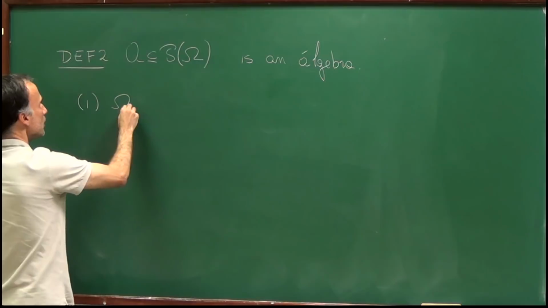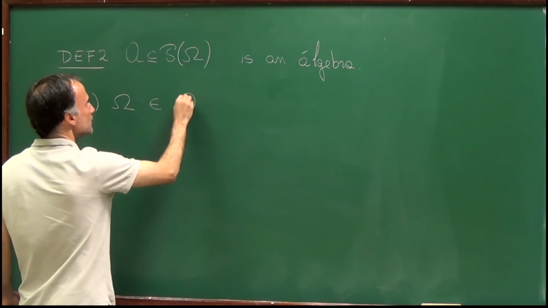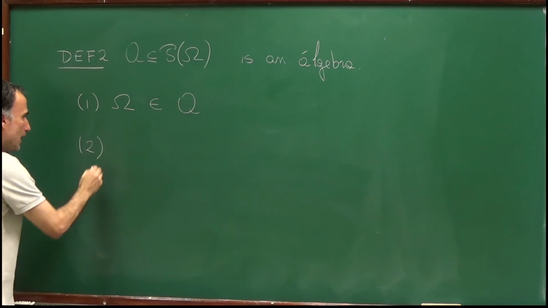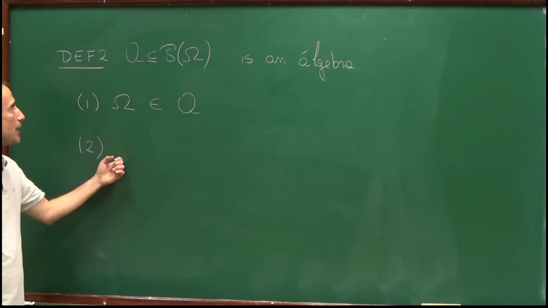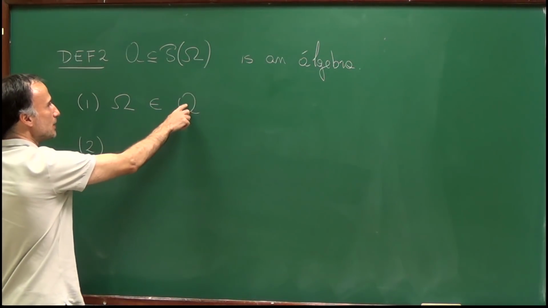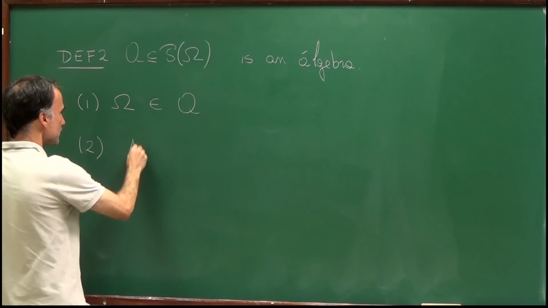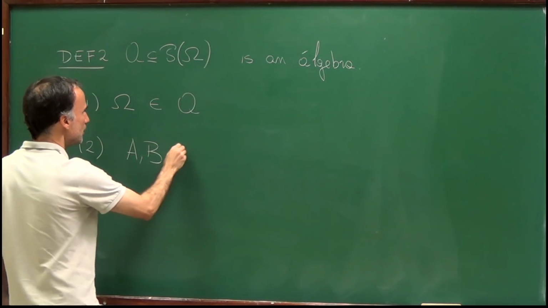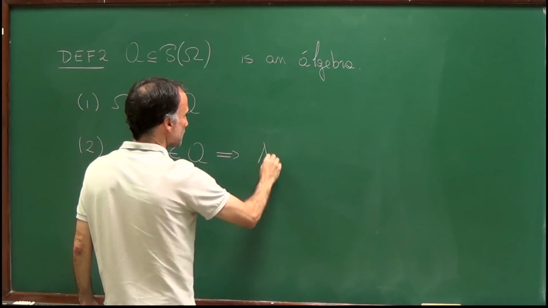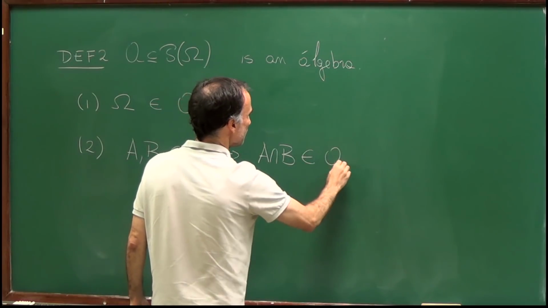Again, I will require that omega is an element of the algebra. We will also require that this family A is closed under finite intersection. So let's assume that A, B belong to A. I will require that the intersection of A and B is also an element of A.